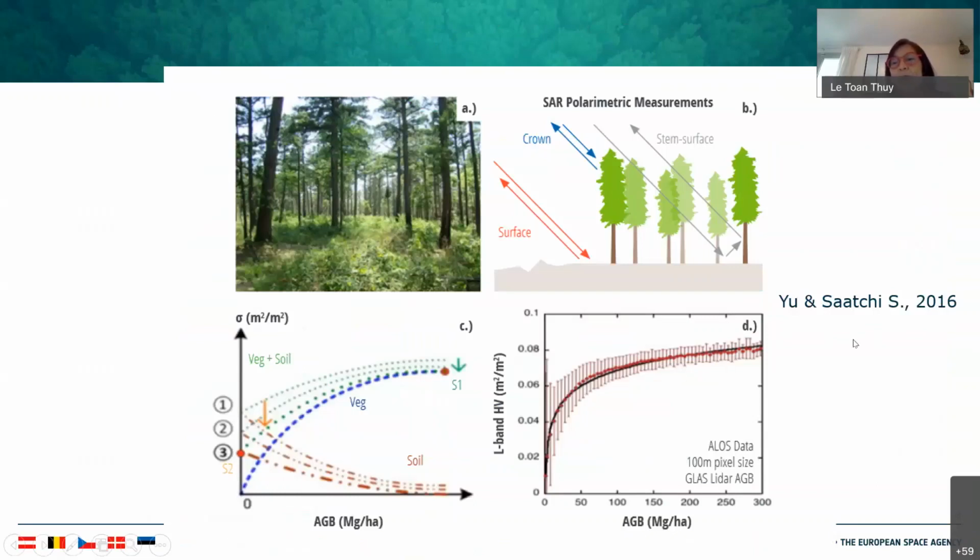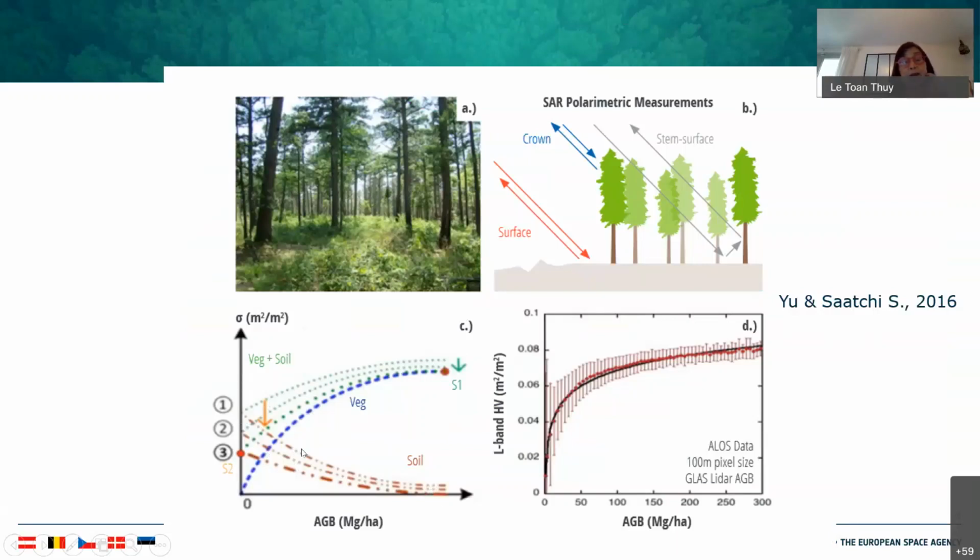Another simulation by Sassan's team of the boreal forest here. You see the surface scattering, the crown scattering, the stem surface. Here there is a curve going up, and the soil is a curve going down, the effect of the soil.